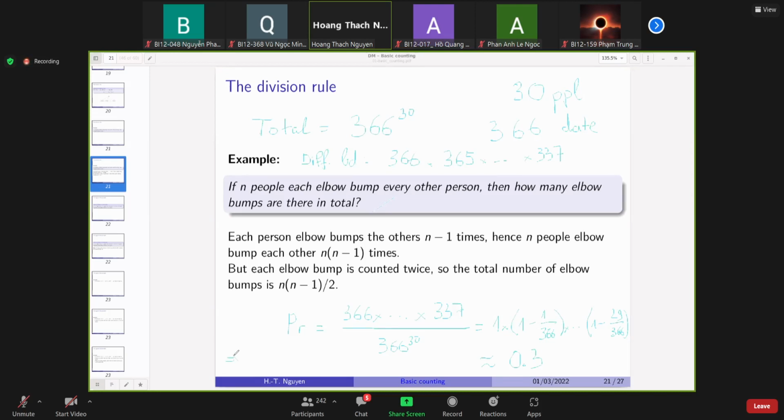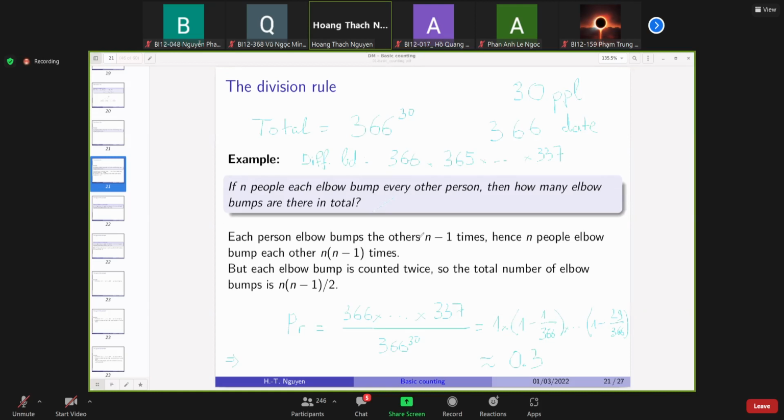So the probability that there exist at least two of them that share the same birthday will be around 1 minus this 0.3. Okay, so you can see that with these four simple rules of counting, you are already able to solve the birthday paradox, which is not a trivial, not an intuitive question about probability.